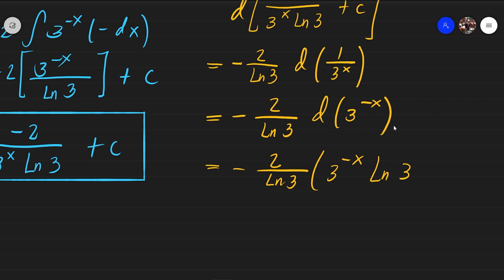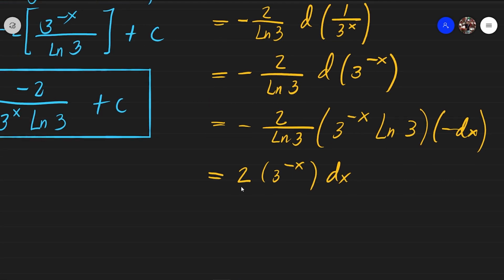What is the differential of negative x? Negative dx. So this negative here and this negative here will cancel out, and your ln 3 and your ln 3 will cancel out also, and you'll be left with 2 multiplied by 3 raised to negative x, and of course your dx.